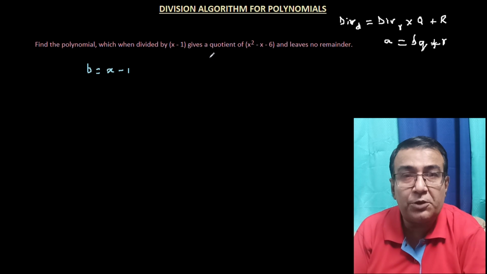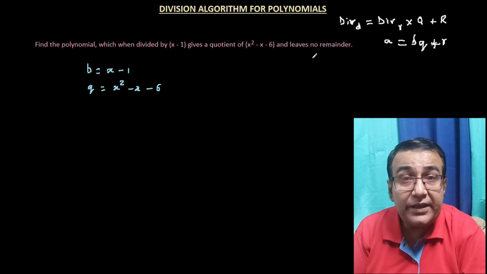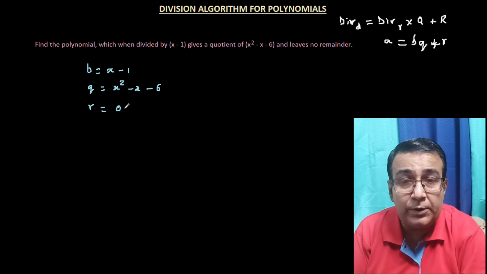It gives a quotient of x squared minus x minus 6, so quotient q will be equal to x squared minus x minus 6, and it leaves no remainder, which means that remainder r will be equal to 0.